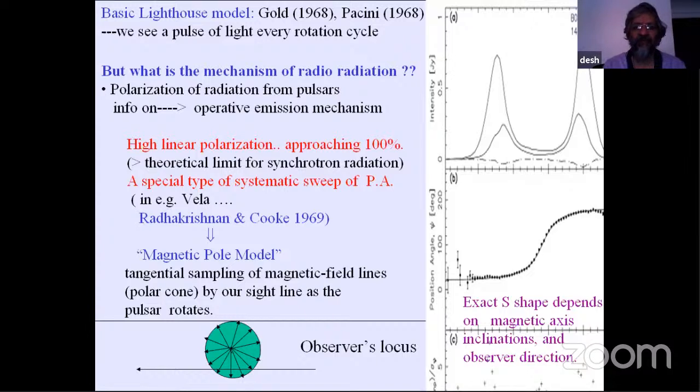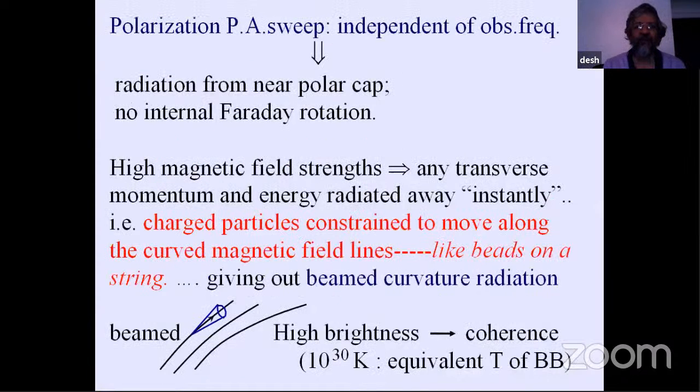But in any case, some of this information has to be fed back into knowing the overall luminosity of the pulsar after accounting for the fact that you may not be sampling it at the brightest part, and so on and so forth. All right.